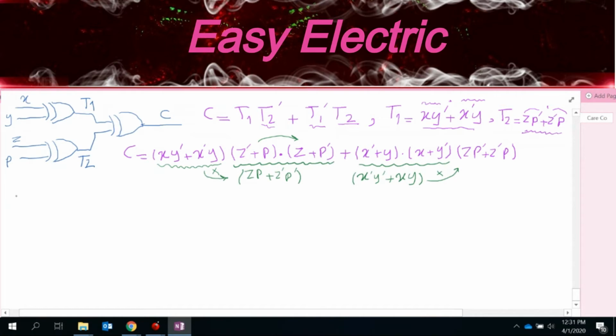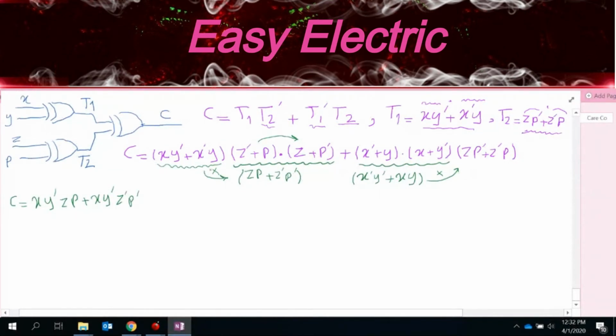So then I'm writing here, C equals. First, I distribute this inside this. Just be careful, you have to put them in order. Your variables should be in order. The order is x, y, z, p. If they are not in order, whenever I distribute, I fix that. So the first term times this should be x y prime zp, again x y prime z prime p prime.